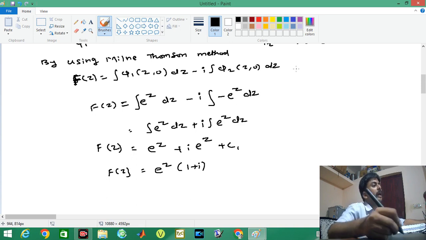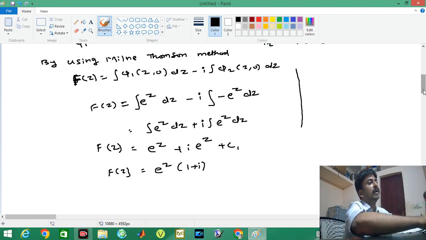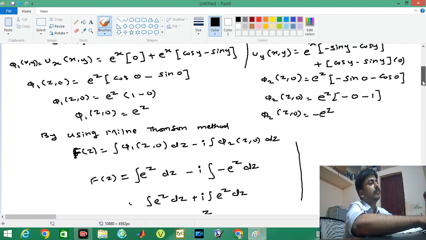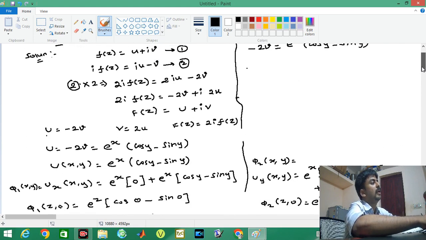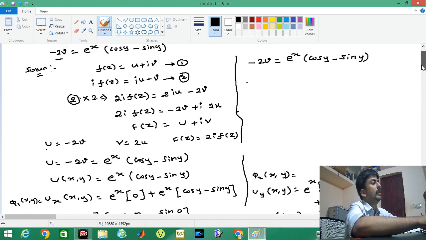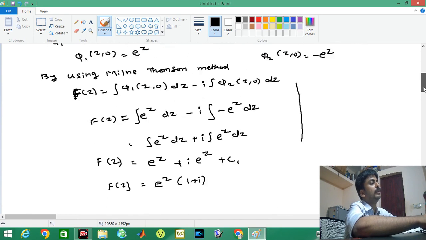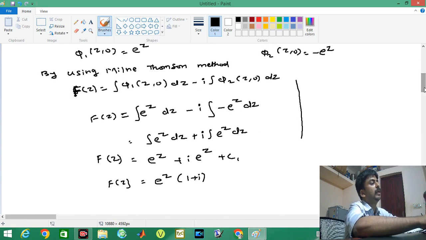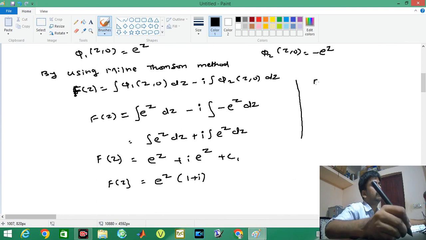Actually what we are having for capital F of z is 2i into small f of z. Capital F of z equal to 2i into small f of z.